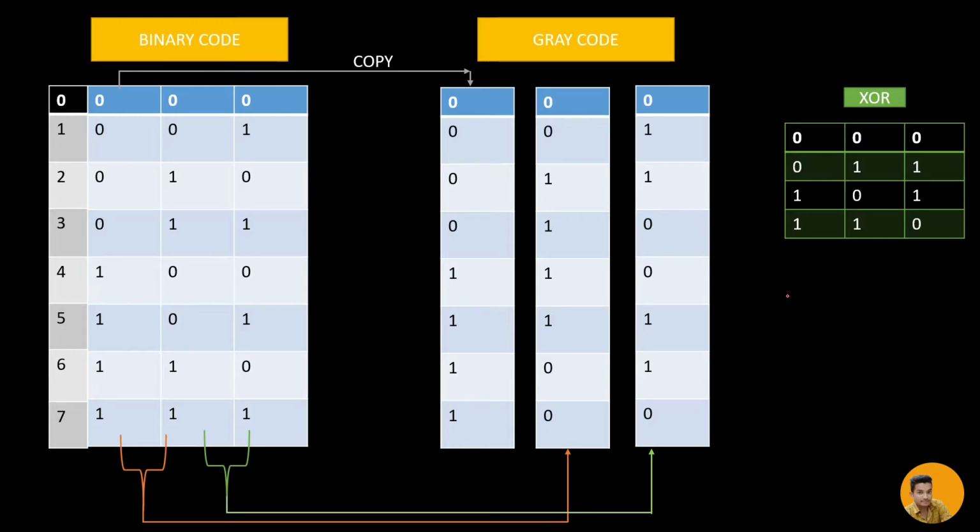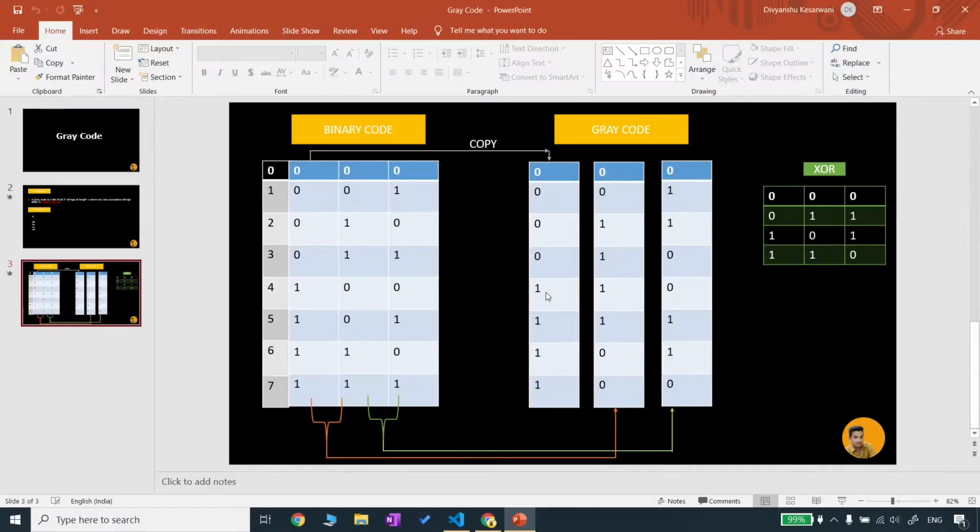We are going to take input from the user, and then we are going to go from 0 to 2 to the power n, because it contains 2 to the power n strings.